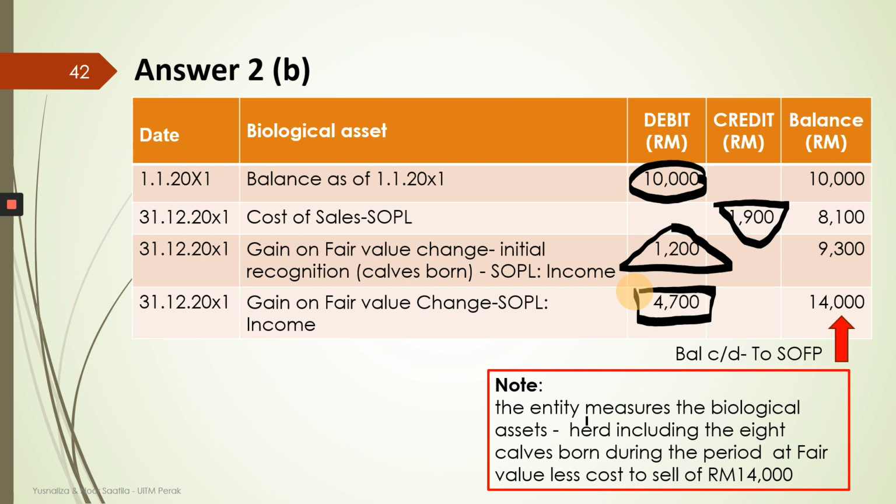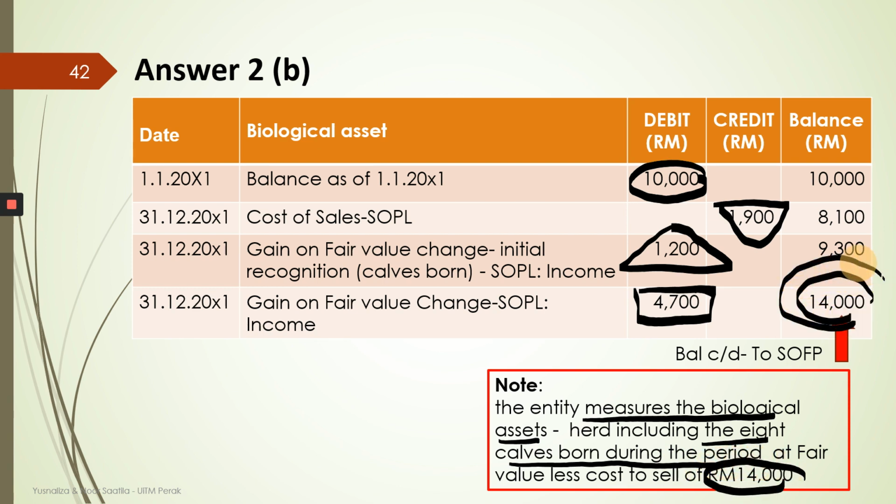Please note that the entity measures the biological asset, including the 8 calves born during the period, at fair value. So in this 14,000 here, it has also included the gain on fair value change as well as the gain on initial recognition. But the total is 5,900, the gain on fair value throughout that year.